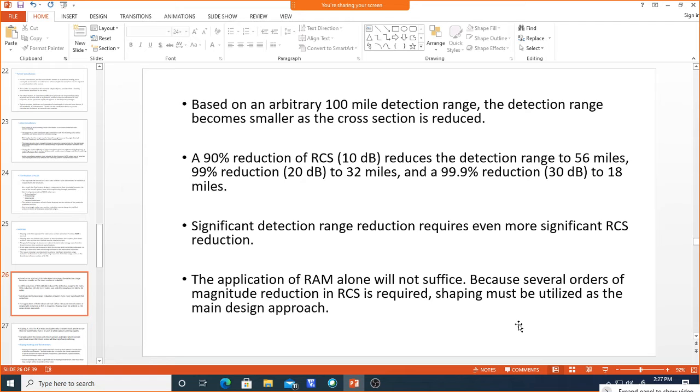For example, a 90% reduction of RCS reduces the detection range by 56 miles.